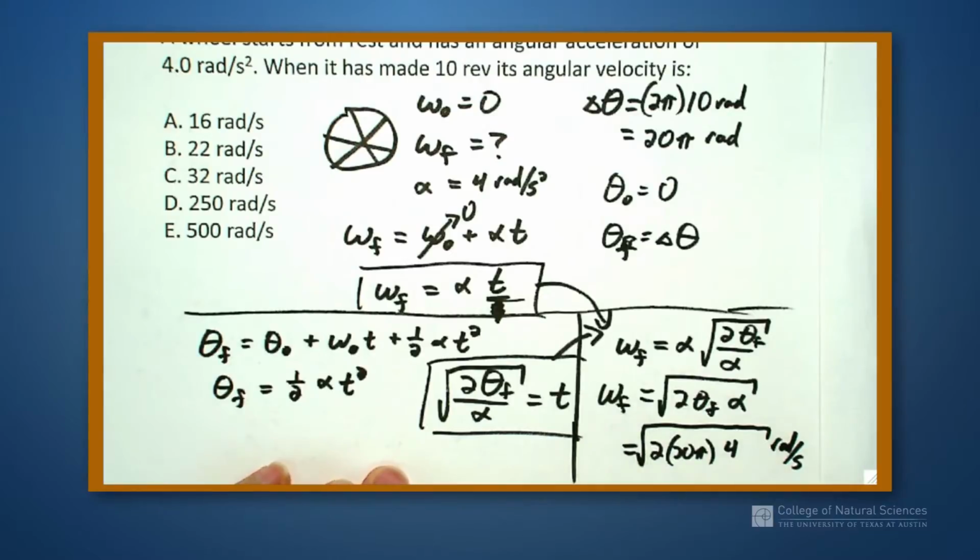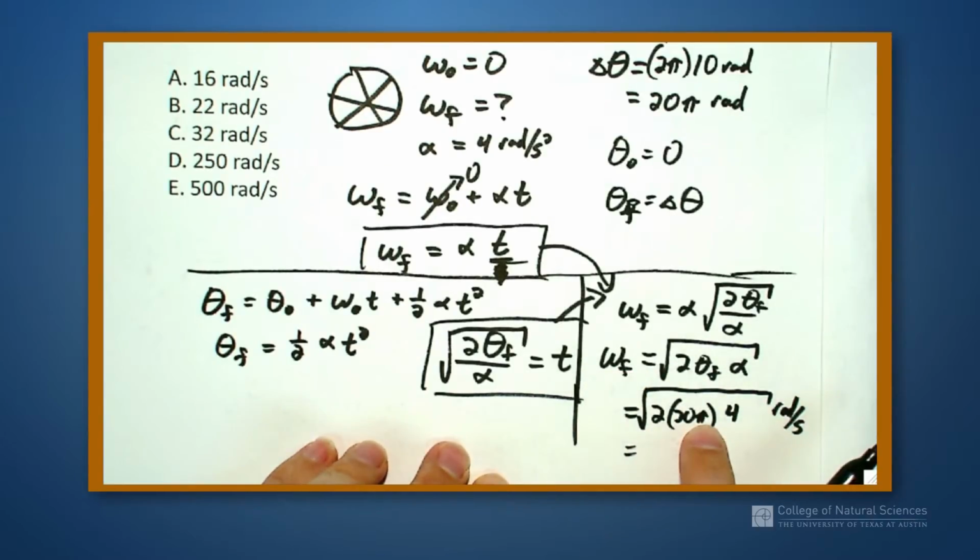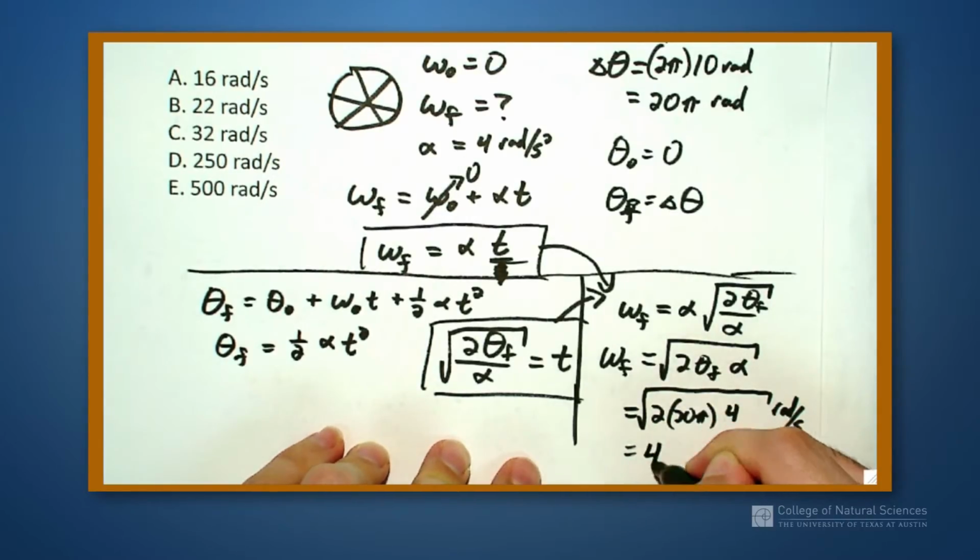So my final angular velocity is going to be, I have a factor of 4, so I get a factor of 4 out. I get square root of 10 pi.